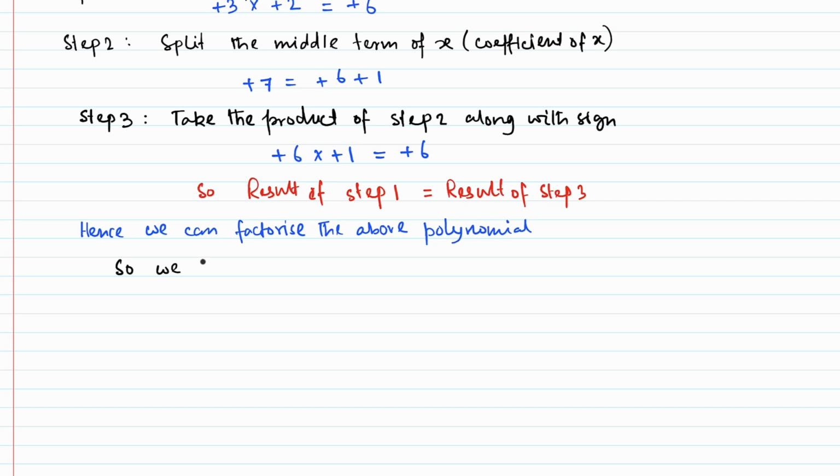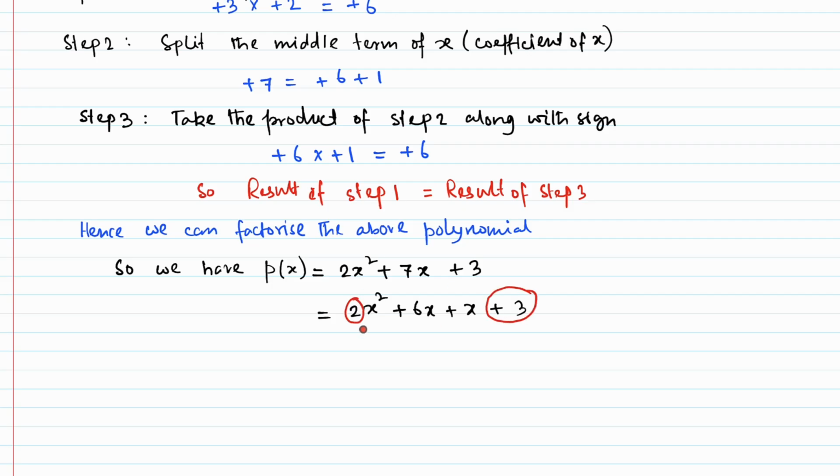So now let's see how we can deal with this problem. We have p(x) equal to 2x square plus 7x plus 3. Now we are expressing 7x as 6x plus x. Now 2 and 3, if I multiply, it gives plus 6.